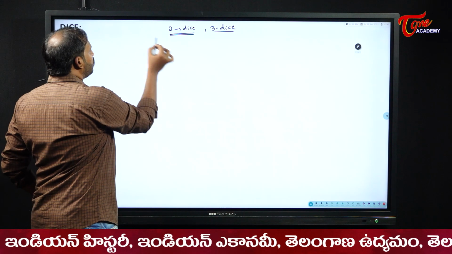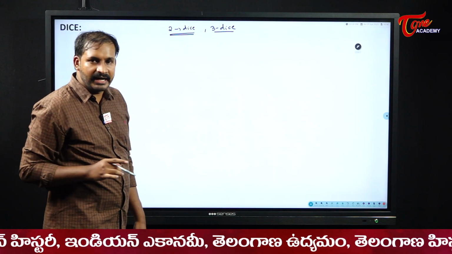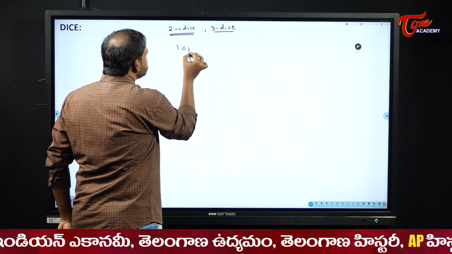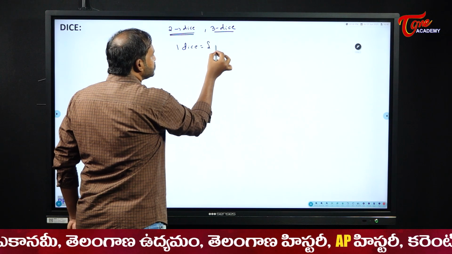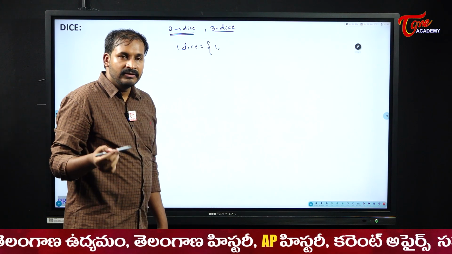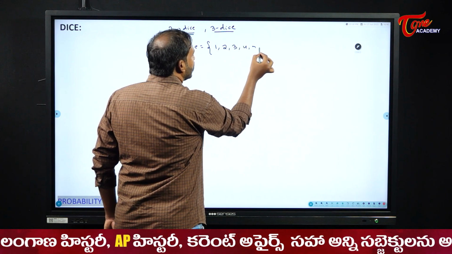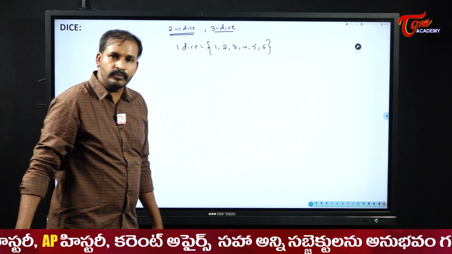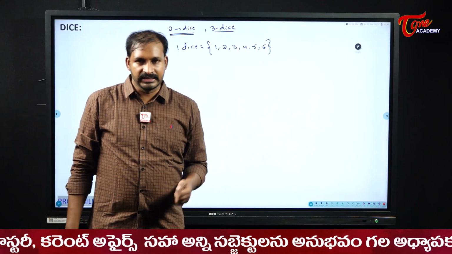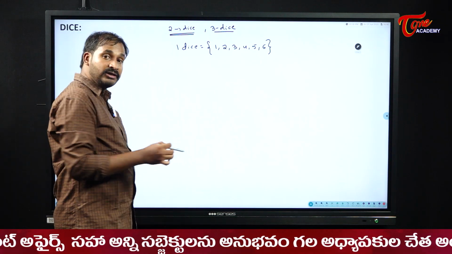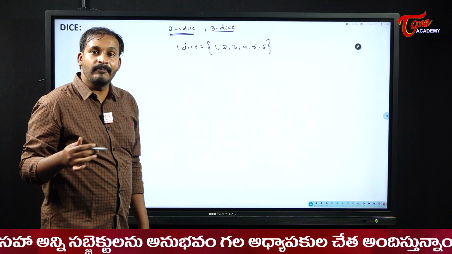Now when we throw one dice, what are the possible outputs, students? We may get 1, 2, 3, 4, 5 or 6. These are the possible outputs when I toss one dice.